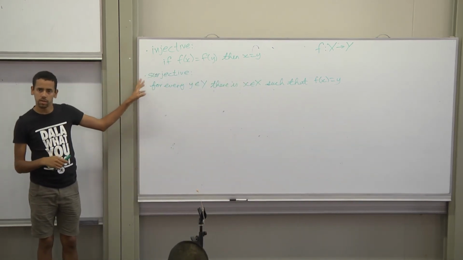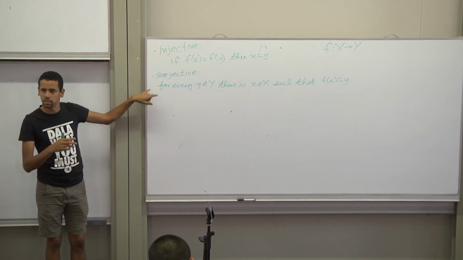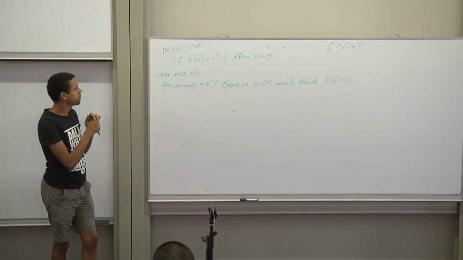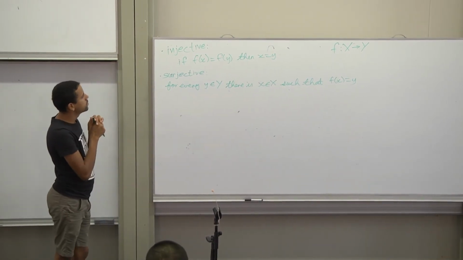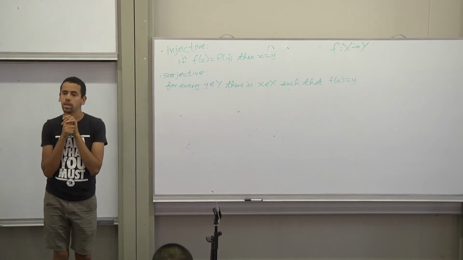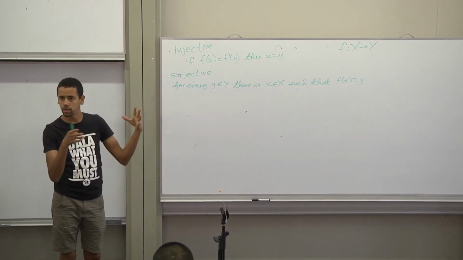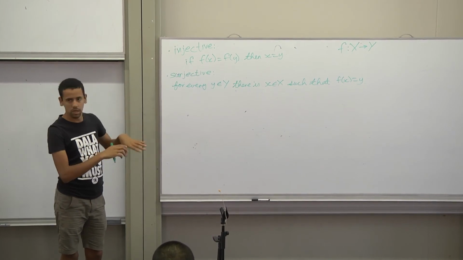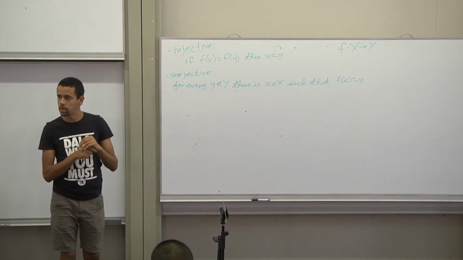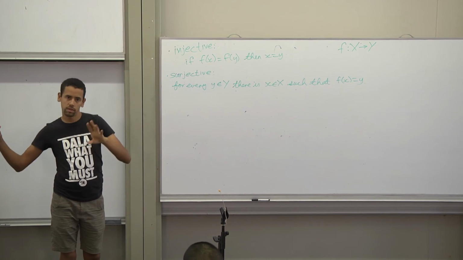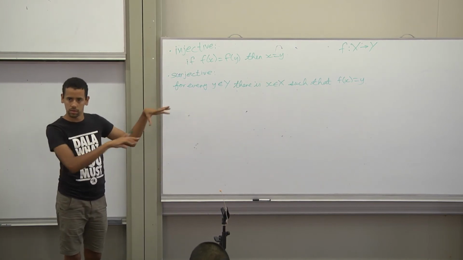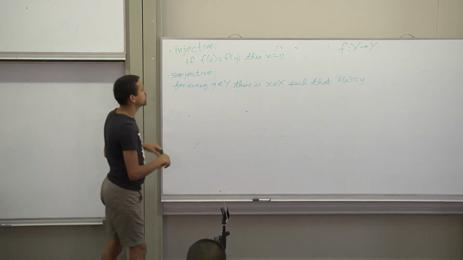It might take more time to understand what that means if this is your first time encountering it. But it basically means that the range of your function, all the values that are actually taken, happens to be your whole codomain Y. So your function covers the whole codomain. It doesn't just go to a subset of it.